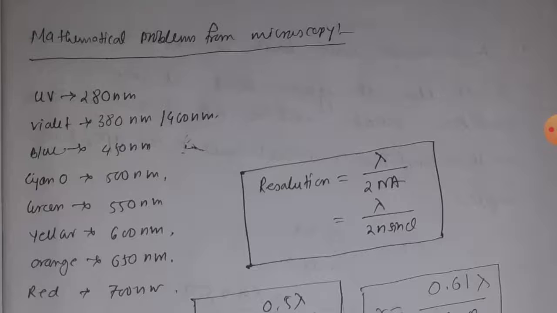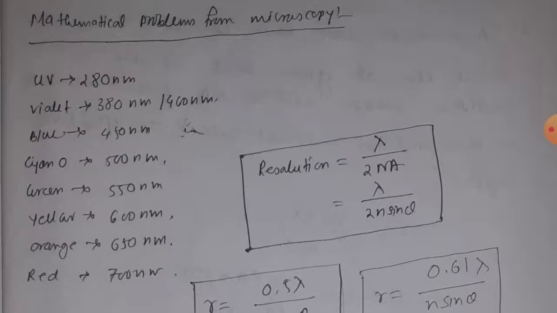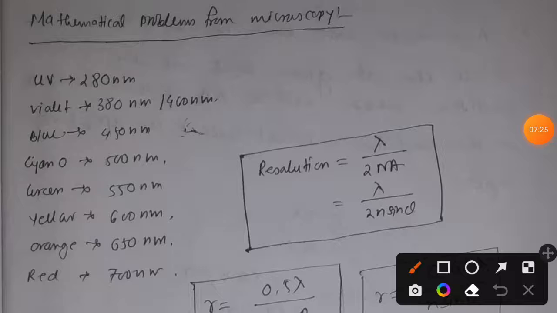The first important thing that you need to know is why magnification is not enough, why resolution is important. That is an important question that you can get in your exam. Another important one is, what do you mean by empty magnification? That is, the magnification without resolution is called empty magnification.